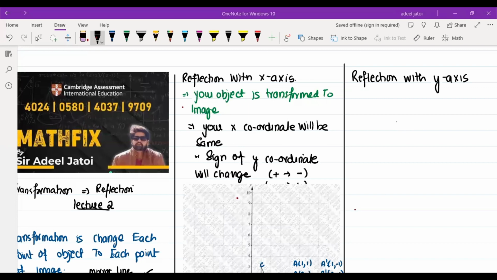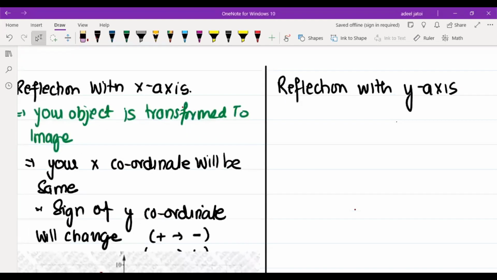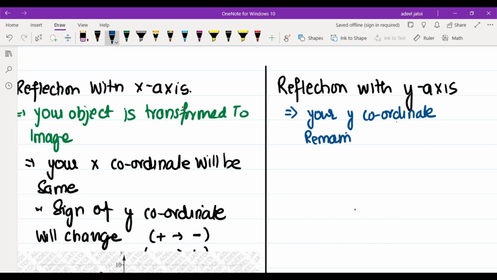Okay, so that was reflection with the x-axis. Now reflection with the y-axis. Considering reflection with the y-axis, your object is transformed to the image, but in this case, you need to understand that your y coordinate remains the same, but the sign of the x coordinate is changed.